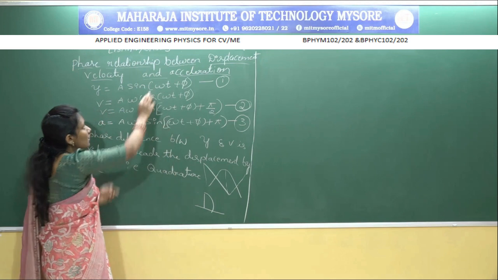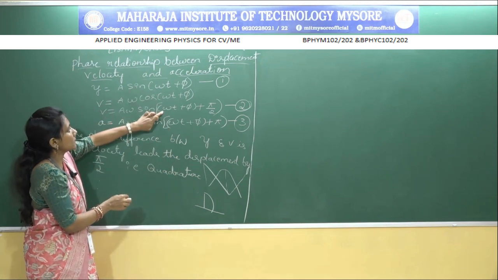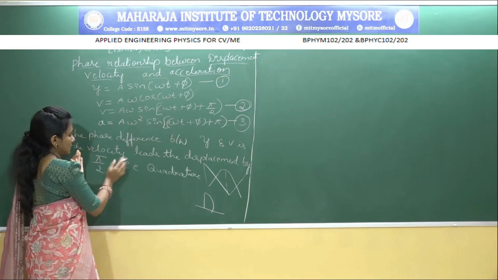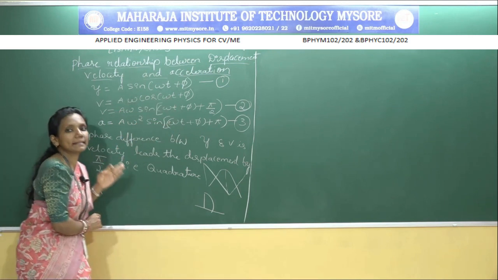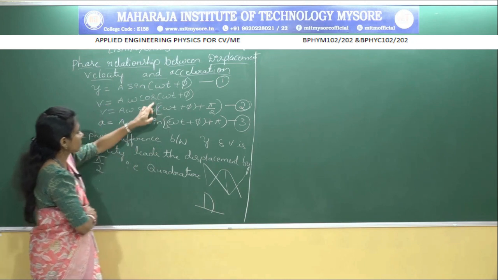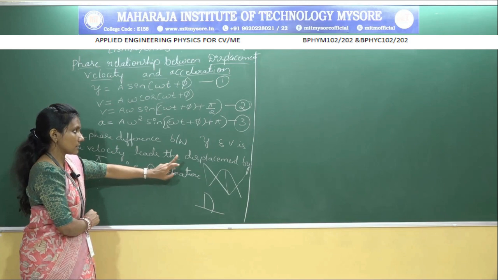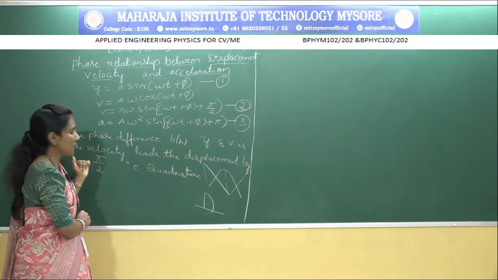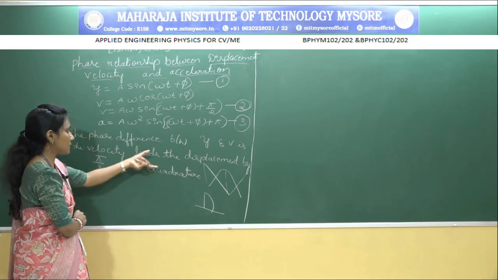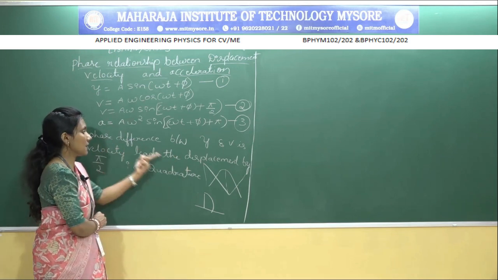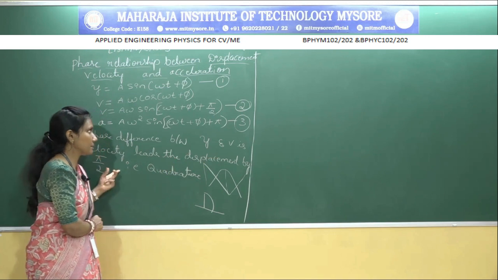The phase difference between the velocity and displacement is quadrature, so the velocity leads by 90 degree. Like that we can also state that the displacement lags the velocity by pi by 2.